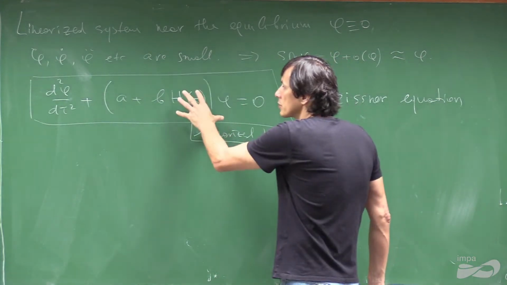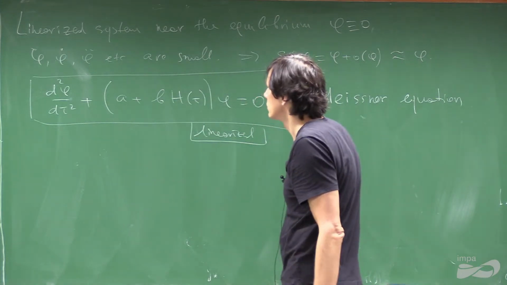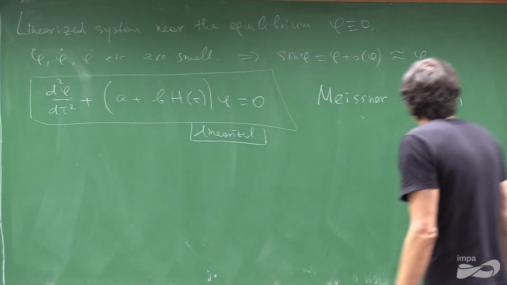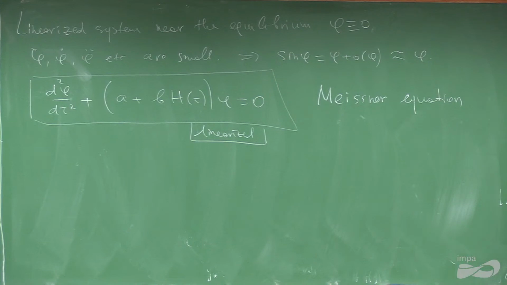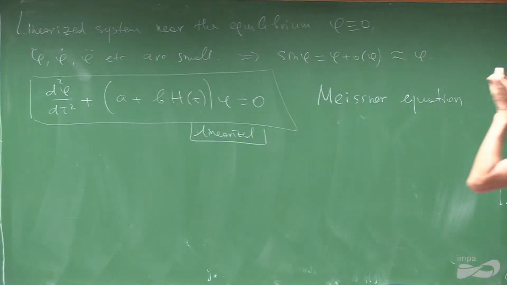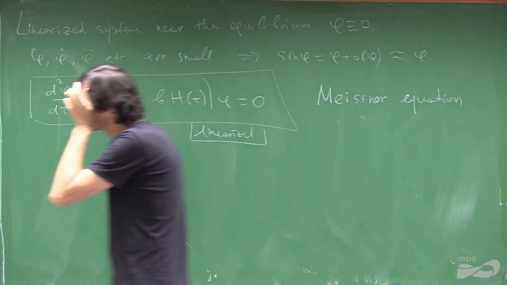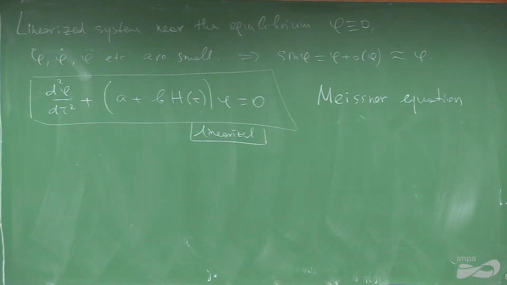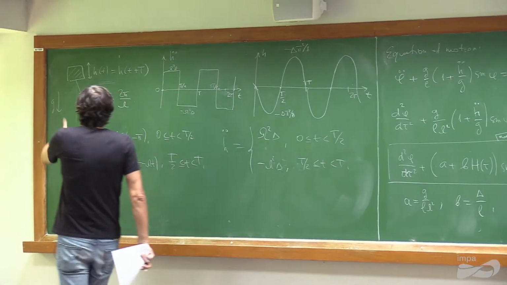So we can solve this equation, find the Floquet matrix, find its eigenvalues, and using these, we can say whether the equilibrium will be stable or not, whether the vertical position will be stable or not.